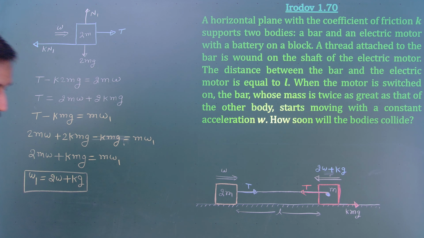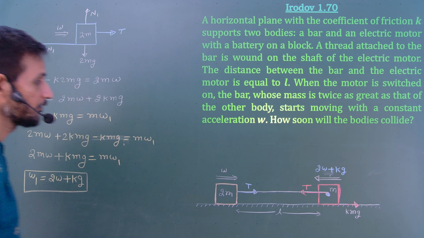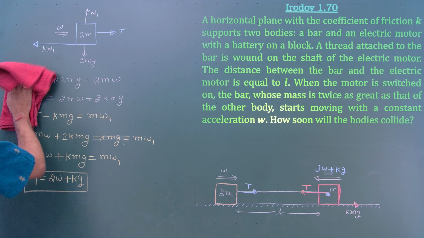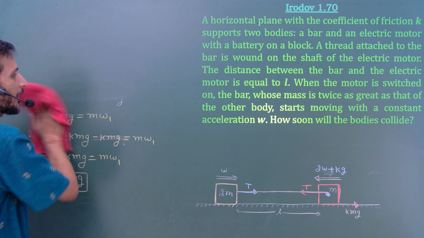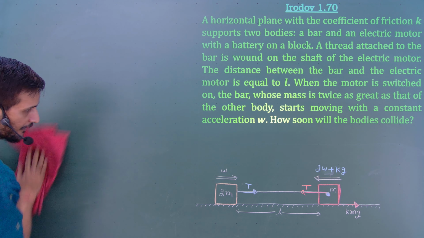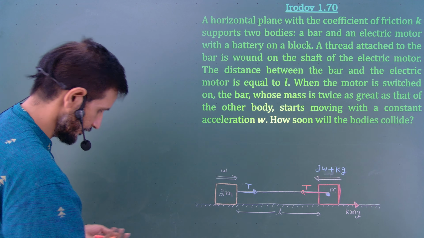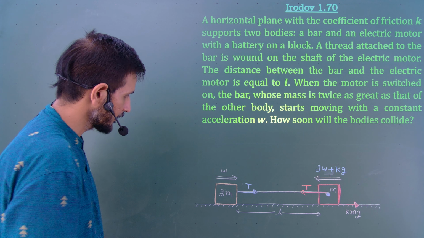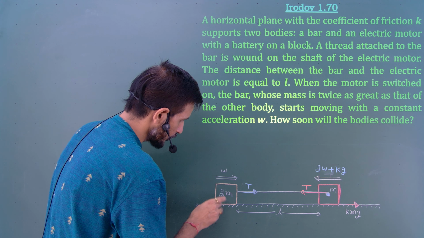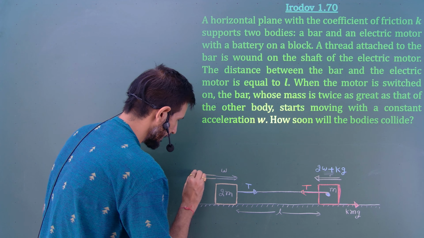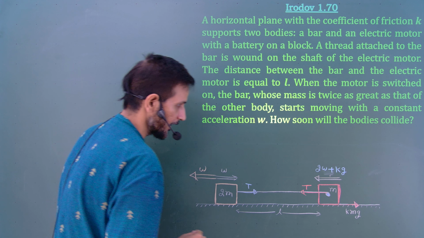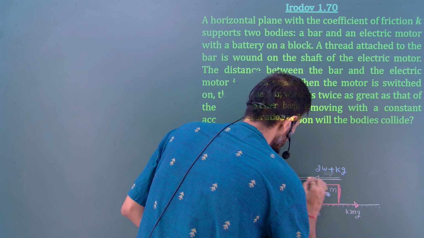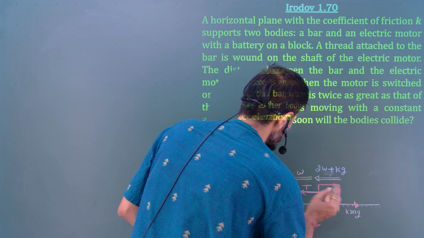Okay, now we have to calculate the time when both these blocks collide, and initially both are at rest. So for relative motion, let me stop this block. To stop this block, we have to apply an acceleration W in this direction. So we must apply the acceleration W also on this block.